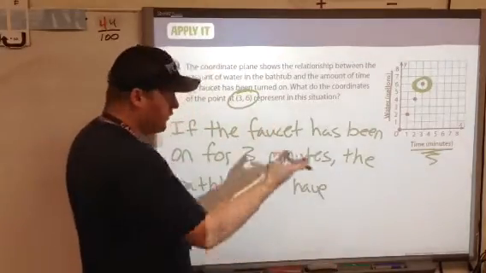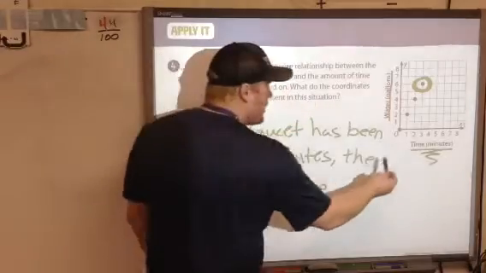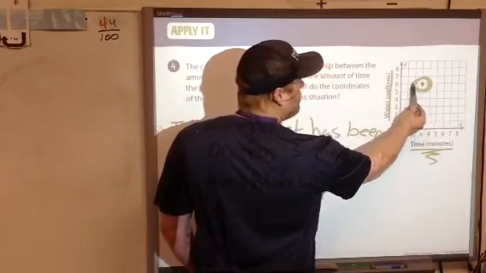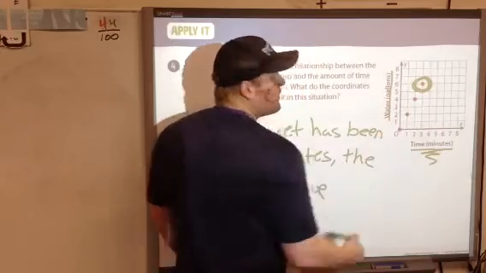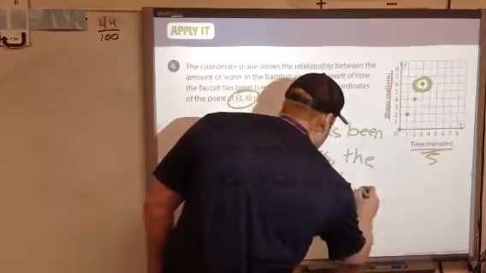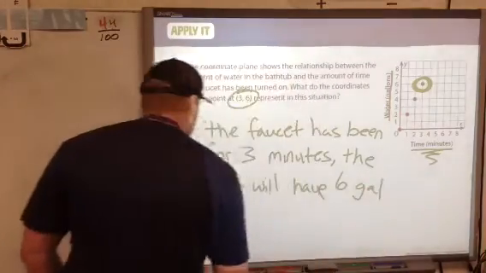Well, follow your coordinate plane and its labels. I already identified that it's been on for 3 minutes, meaning the bathtub will have 6 gallons of water. So the bathtub will have 6 gallons in it.